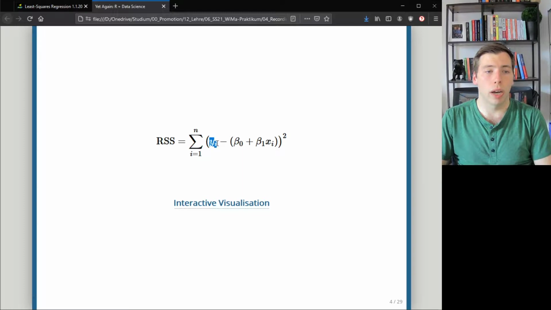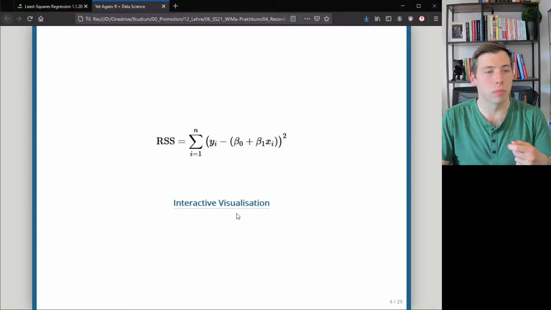So yi is our real observation of our response variable, xi is the observation of our predictor variable, and we try to minimize this difference, or the squares of it, for all of the observations. This is the so-called residual sum of squares.